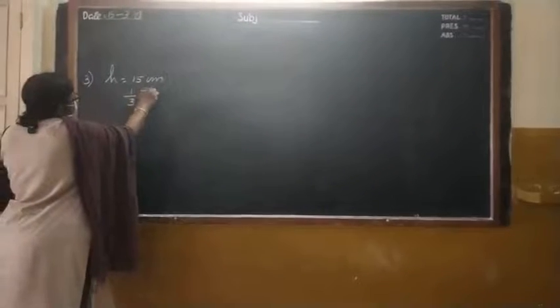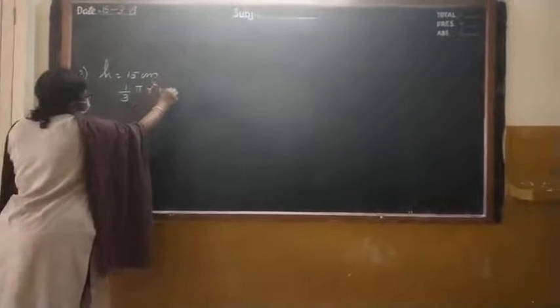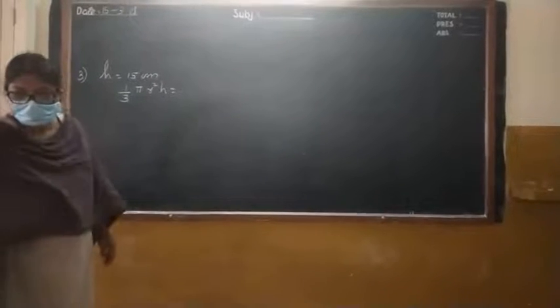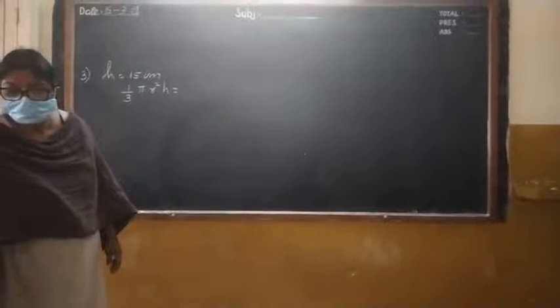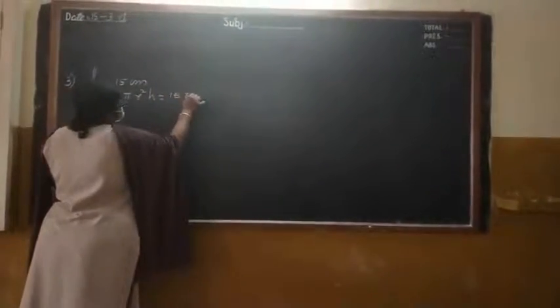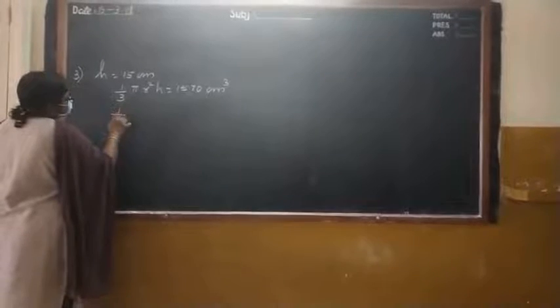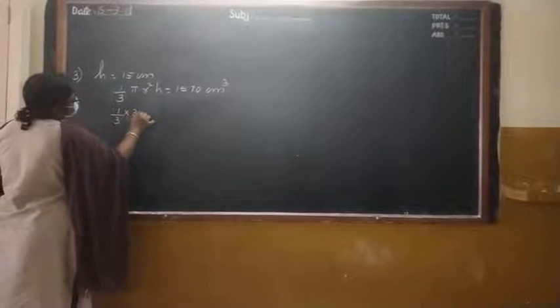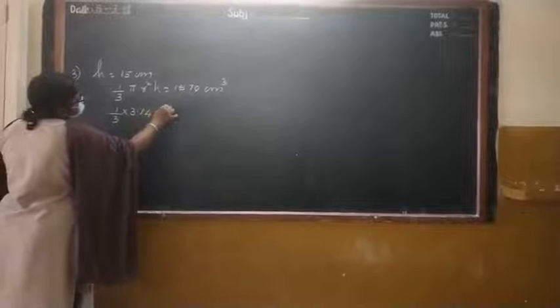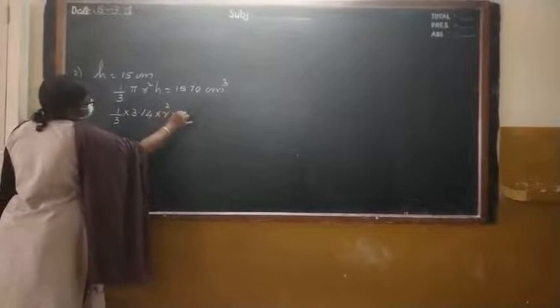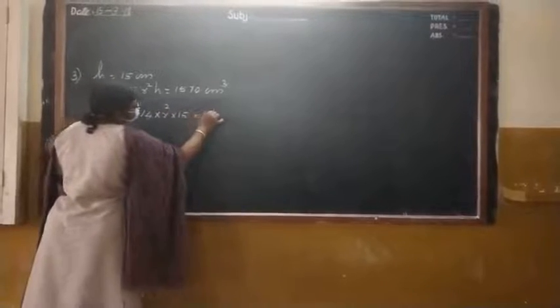Then volume, that is 1 by 3 pi r square h, is given there 1570. Okay. So pi value 3.14, you have to use, r square into 15.